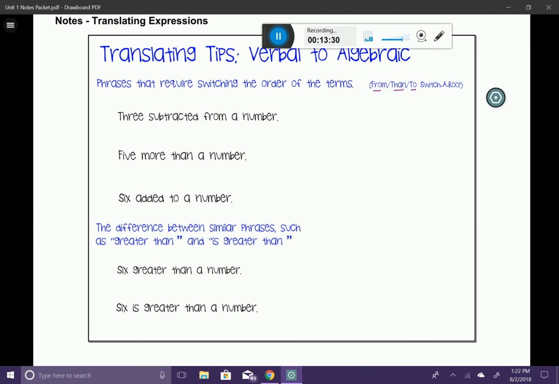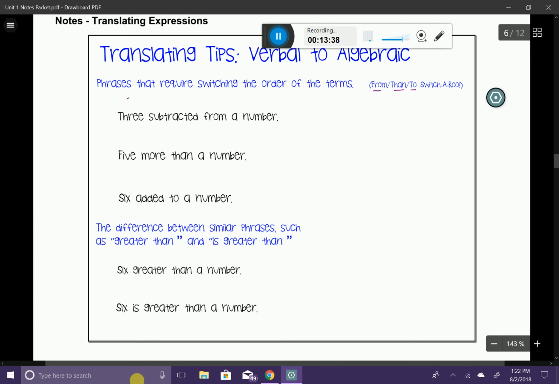Let me show you what I mean. 3 subtracted from a number. Let's annotate it real quick. 3 subtracted, I have a from in there, and I'm going to use my annotation that looks like this. This is a turnaround word, so I'm going to do a little turnaround arrow and then a number.